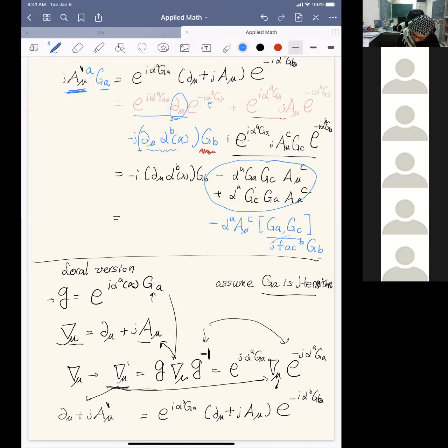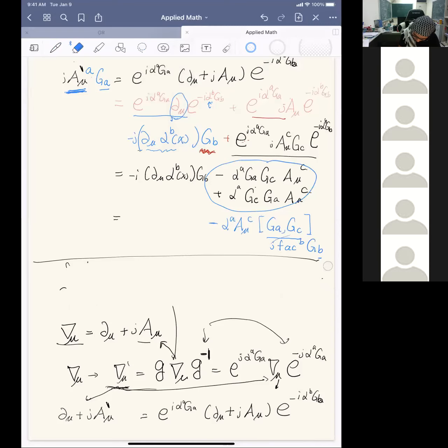After I write it in this form, let me erase this here. Give me a little bit of space. So now I have that this is just equal to minus i. Since I know that here this is A, I'm going to call everything A. So partial mu alpha A times GA.